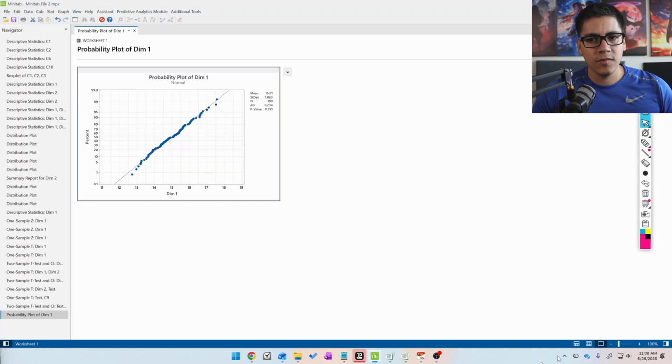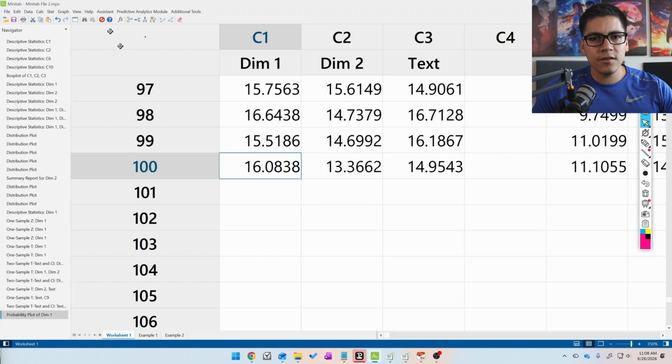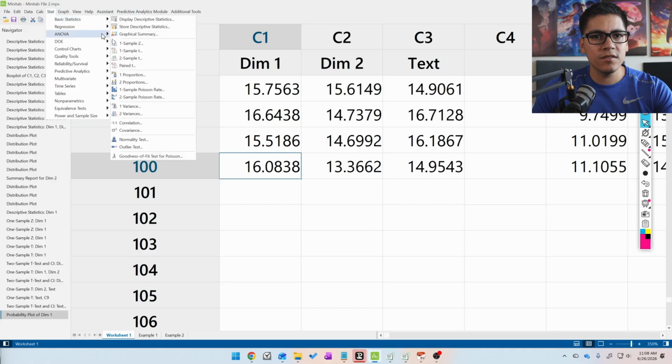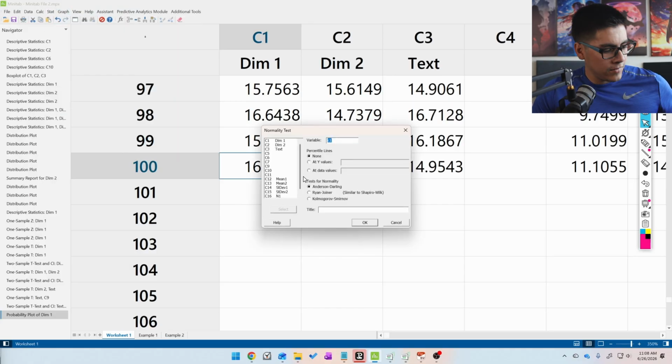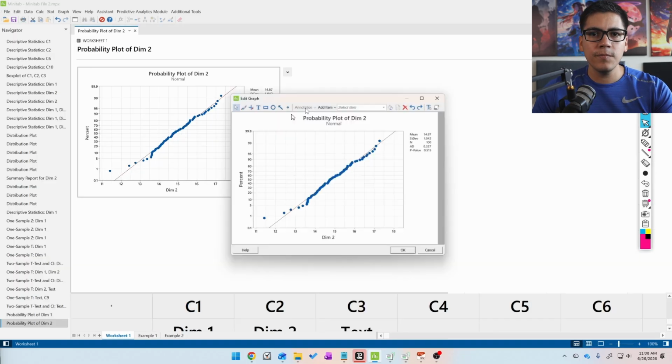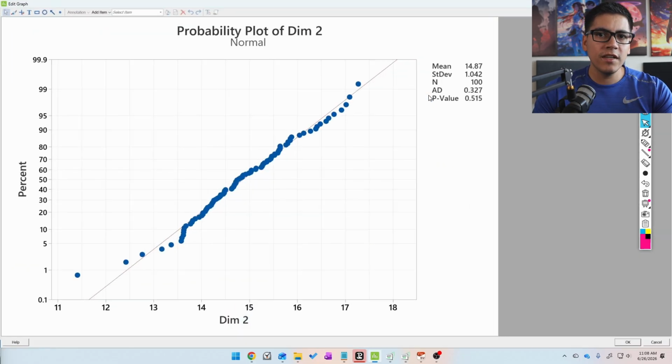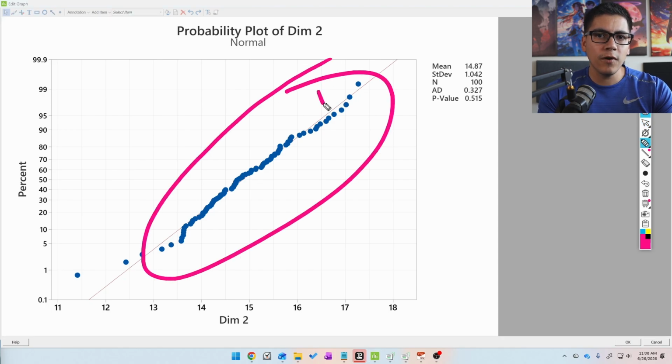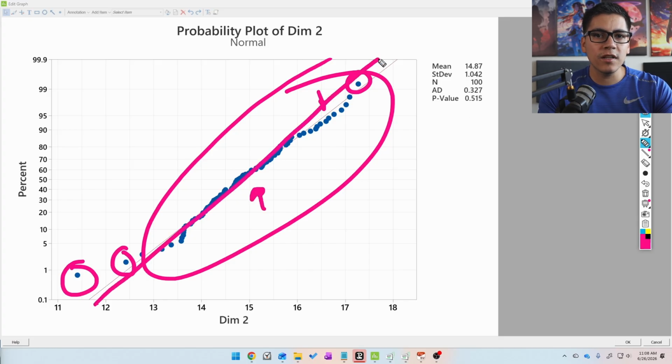So for example, if I redo this analysis, so I'll do stat, basic, and then normality test. And now I'm going to select my column C2. So I'll select the C2 column. And if I review my data, again, visually, my blue dots follow this red line somewhat. There are a couple of stragglers showing here, but overall, they visually do follow this red line.